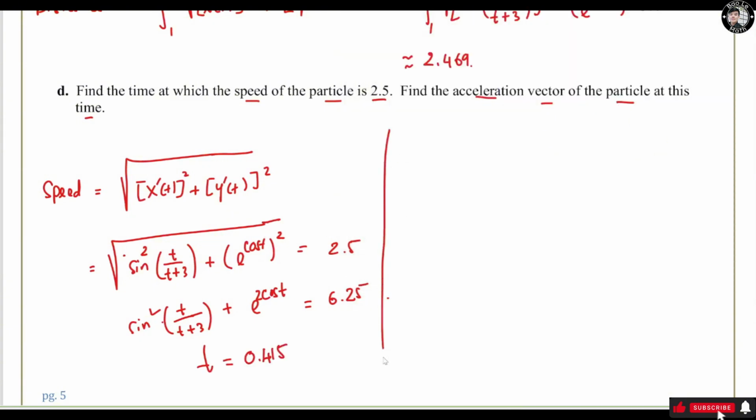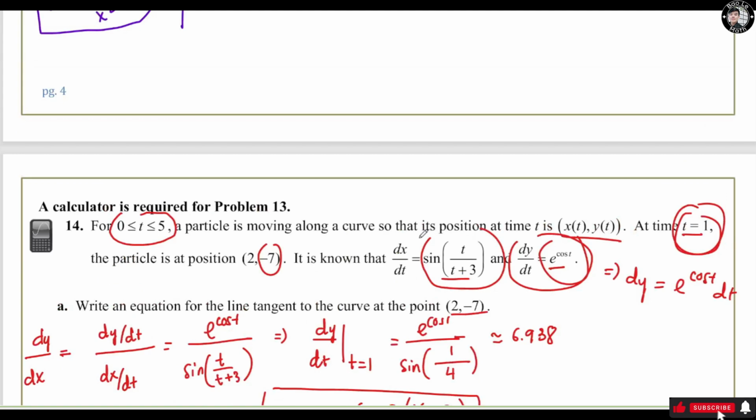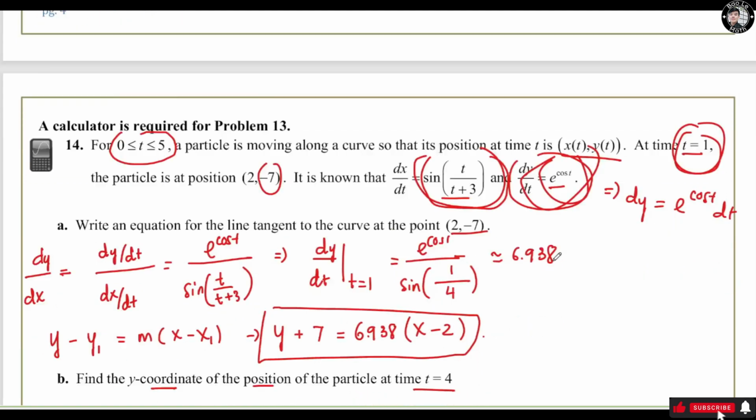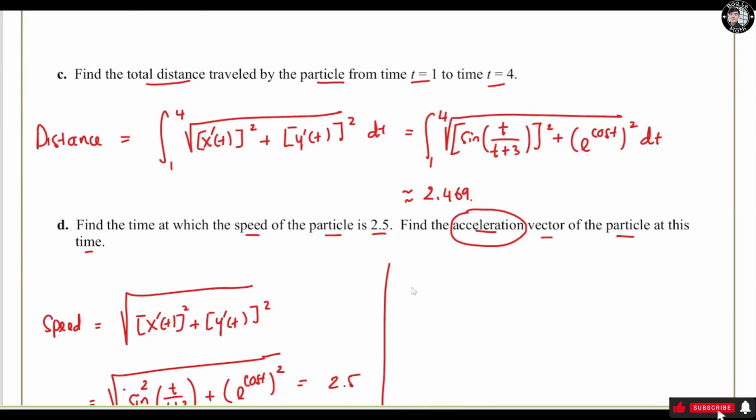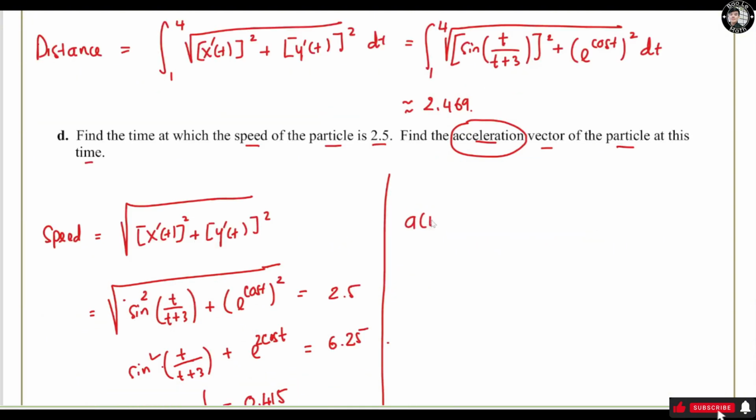Now, the acceleration is the second derivative of the position, right? So which means we need to take the derivative of this guy right here, right? So we have a of t equals x double prime of t comma y double prime of t, right?